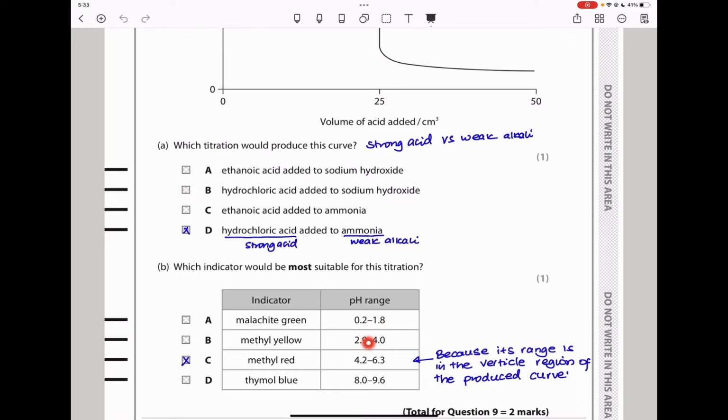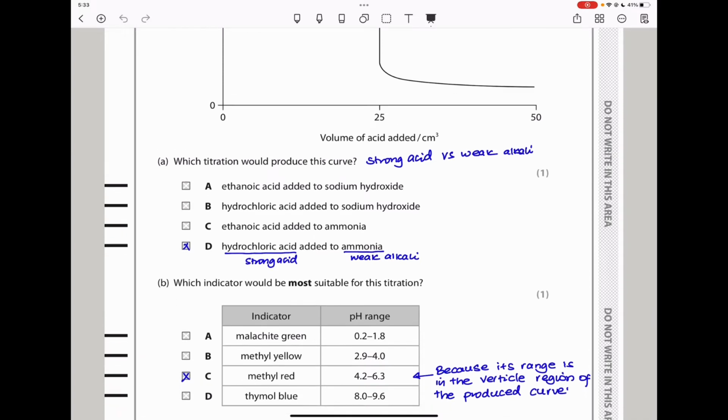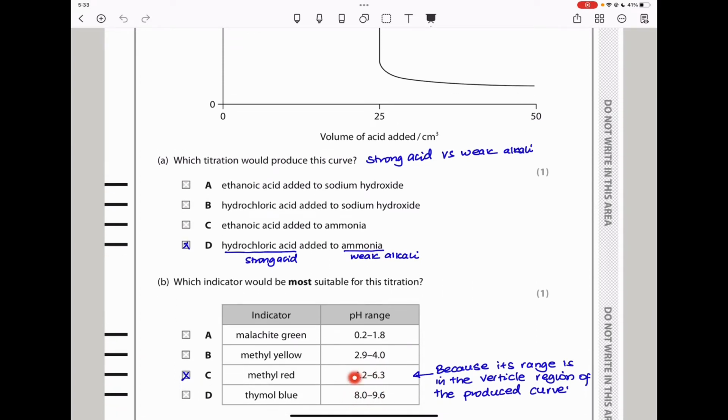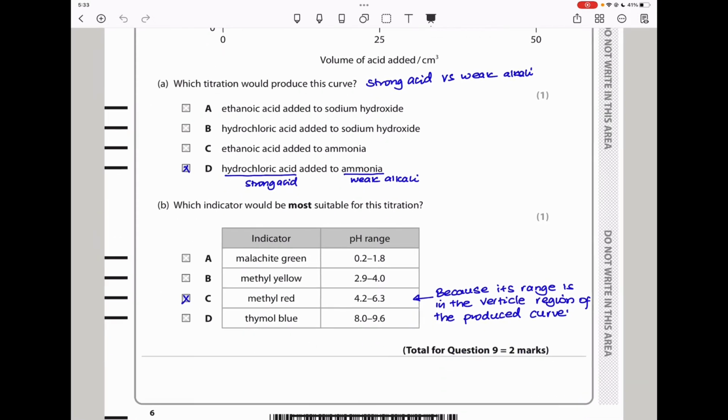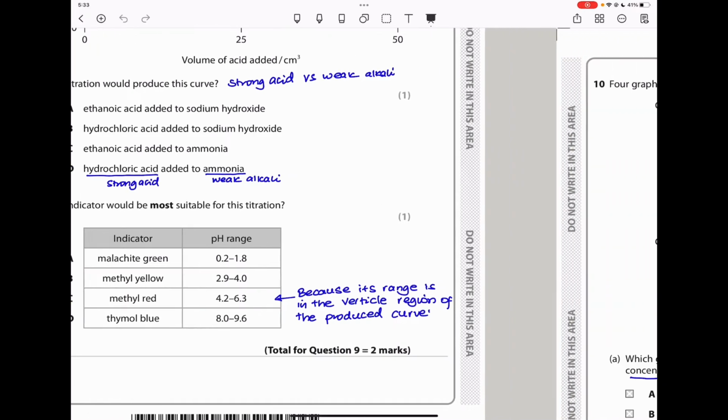This is also out. This is way higher. It's only this that fits. 4.2 to 6.3 is about that range. So the only suitable indicator is going to be methyl red, because the vertical part of the curve and the pH range are in sync. So it makes sense. Let's go to question 10.